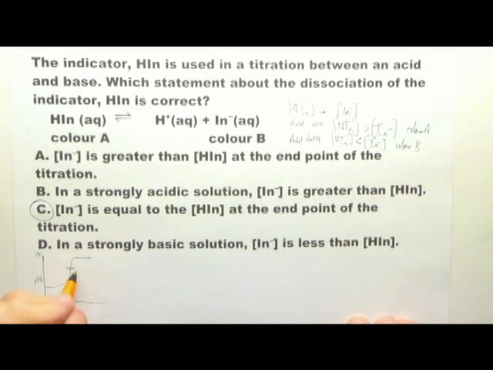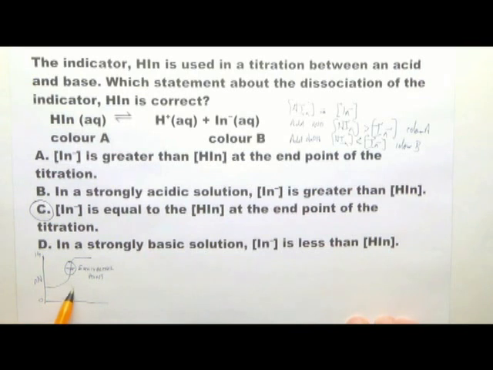Here, this is the equivalence point. If we used a probe, we would know that's the equivalence point, and we would want the indicator to change color around about there. Then we can say that is the indicator for this titration.